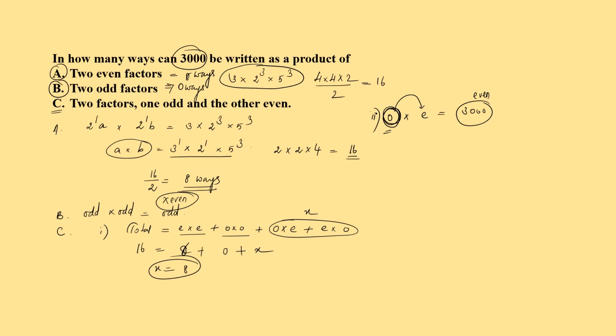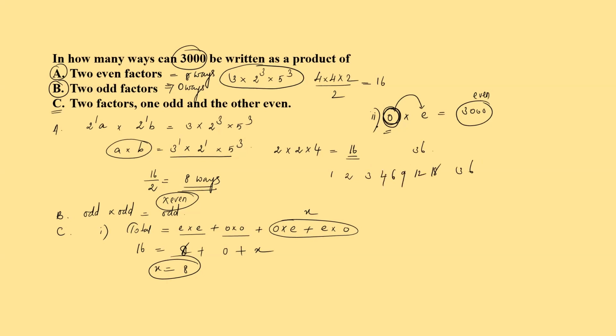Say, for example, let me take the number 36. The factors of 36 are 1 into 36, 2 into 18, then I have 3 into 12, then I have 4 into 9, and then I have finally 6 into 6.